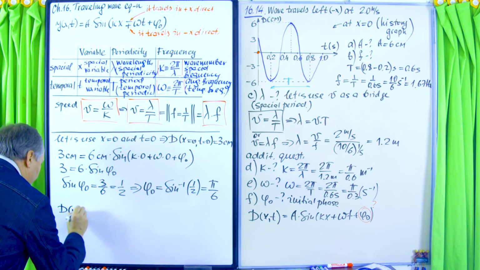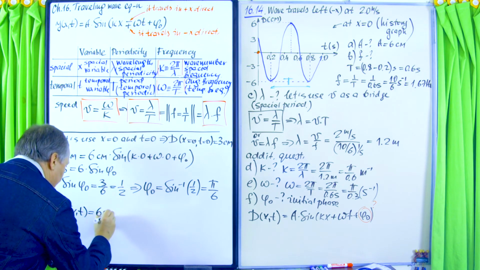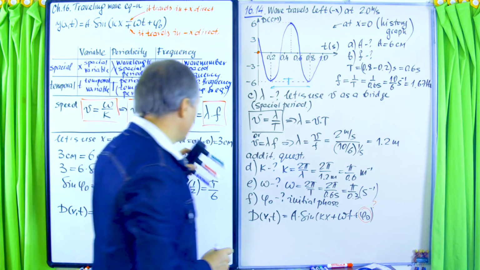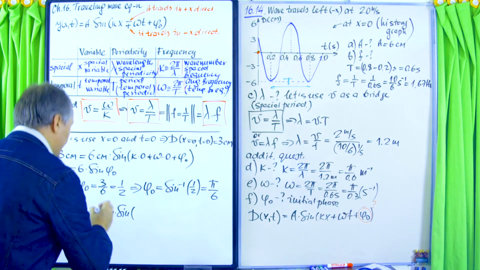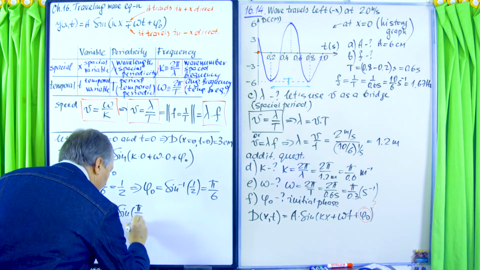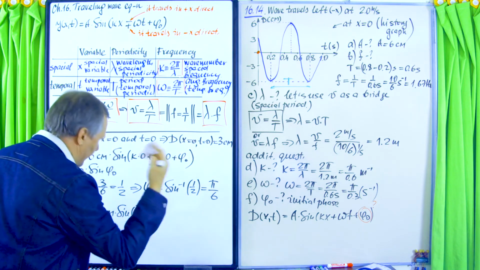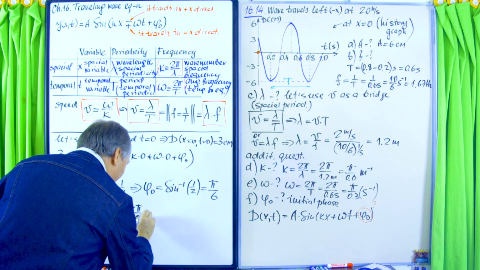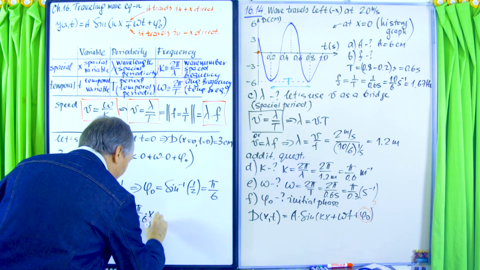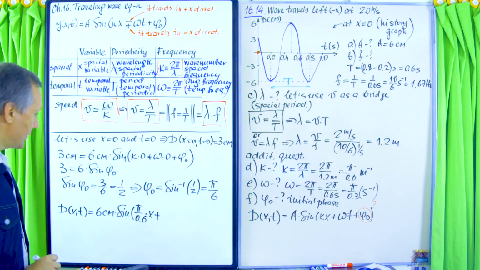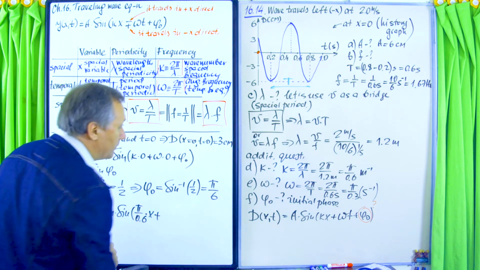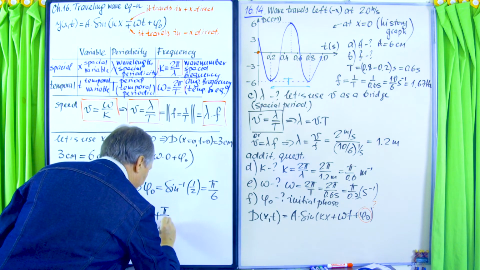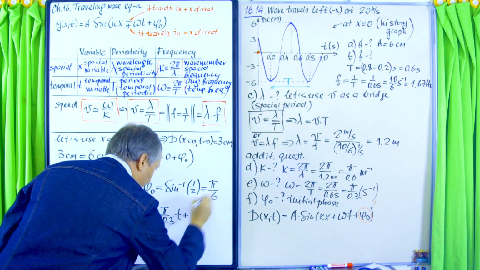So d as a function of x and time equals 6 centimeters sine of k, which is pi over 0.6, times x, then plus, because it travels in the negative x direction, omega, which is pi over 0.3, times t, and plus our initial phase.